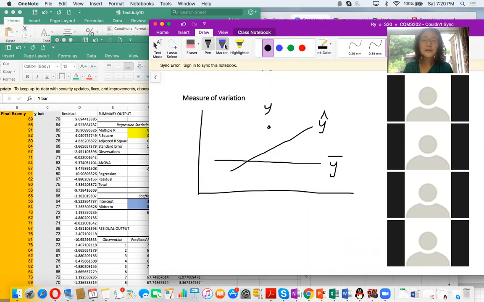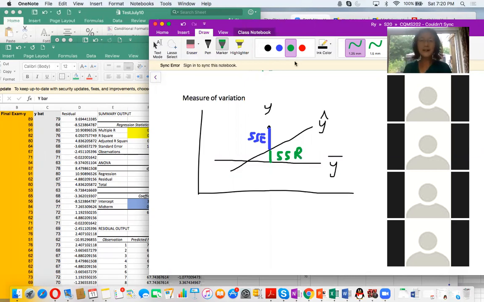From here to here, this represents SSE, sum of square due to error, observed Y and predicted Y. And then you have SSR from here to here. That is SSR, sum of square due to regression.